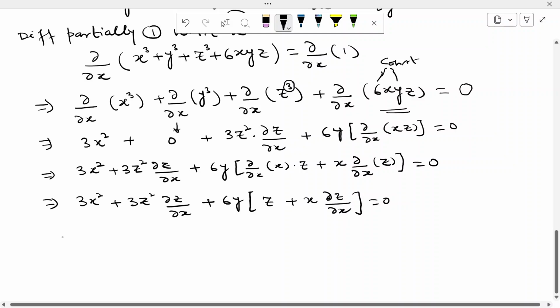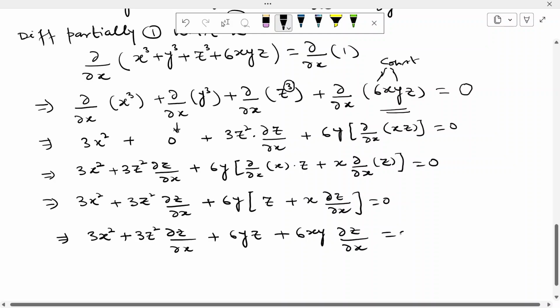So from here we have 3x² + 3z² ∂z/∂x + 6yz + 6xy ∂z/∂x = 0.